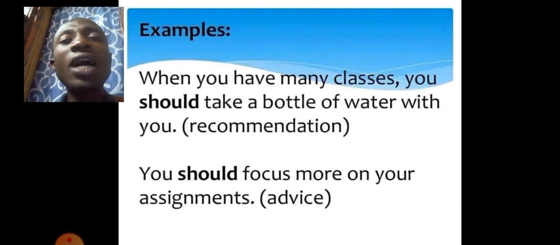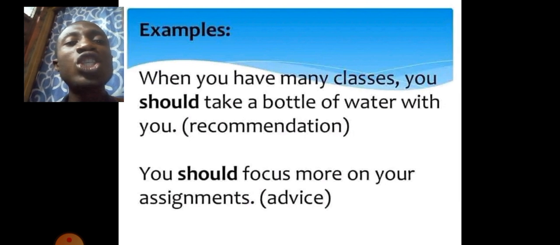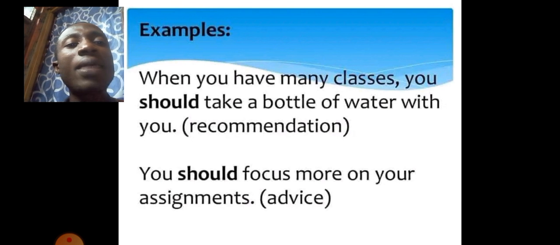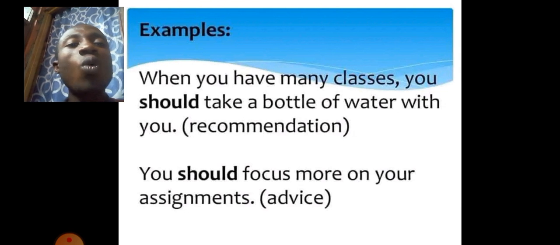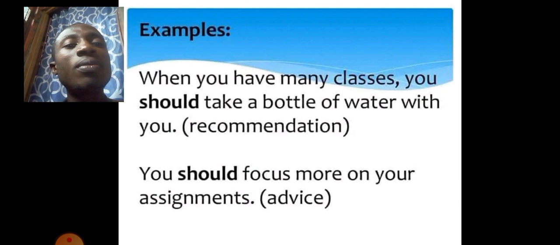Now, let us consider other uses of should. Should is used to make a recommendation or give advice.